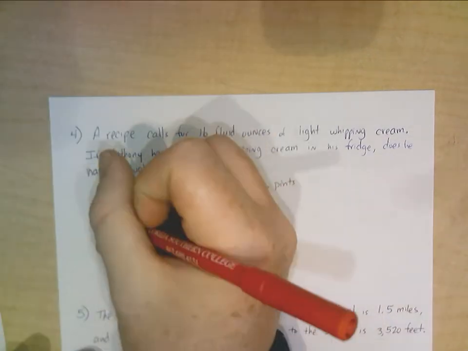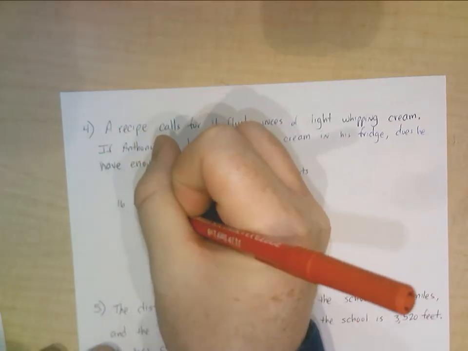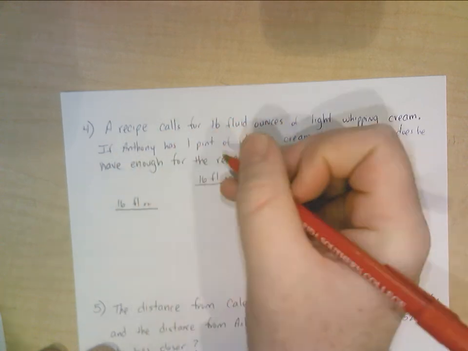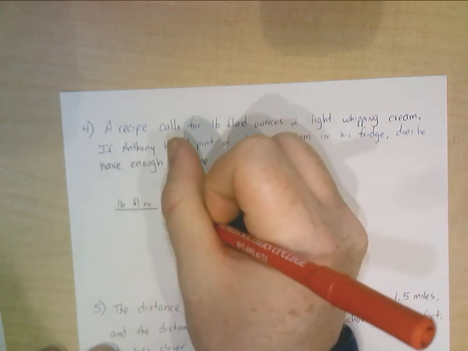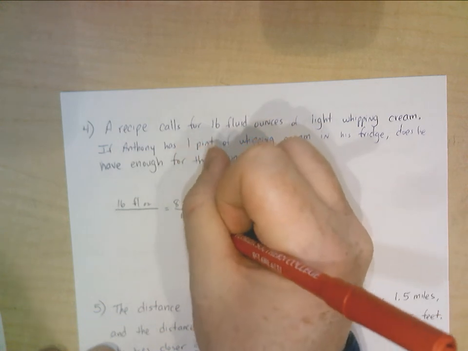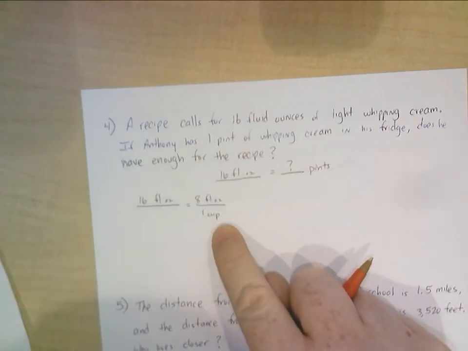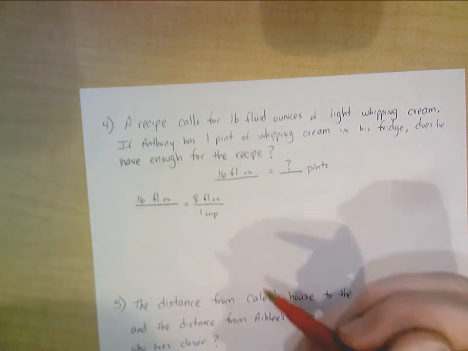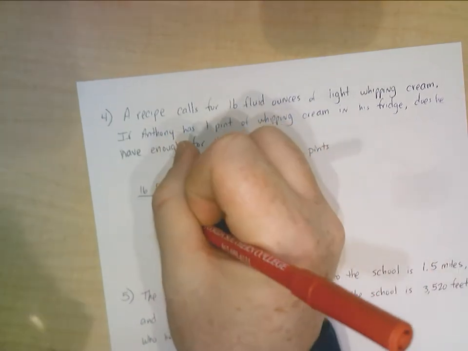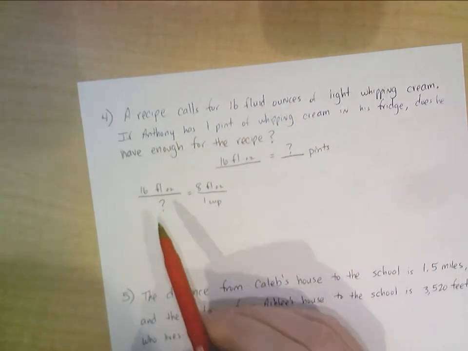So we're going to take 16 fluid ounces and set that equal to 8 fluid ounces over 1 cup, because we knew that 1 cup was 8 fluid ounces. Since I don't know what this is, I'm just going to put a question mark.